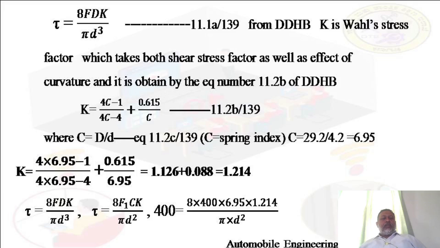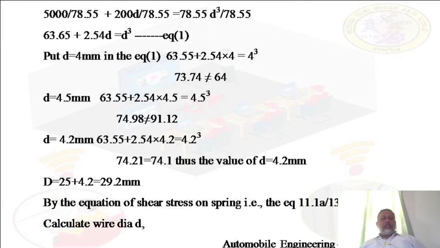Now for the value of C, with capital D and small d, we previously calculated capital D equal to 29.2 and small d equal to 4.2.